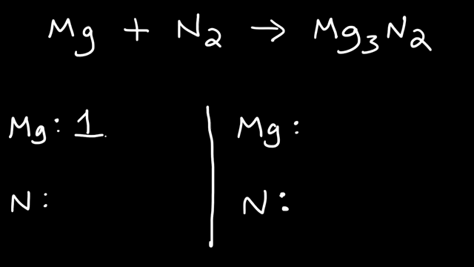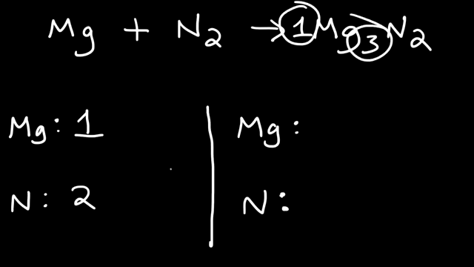Now, how many nitrogen atoms do we have on the left side? Well, we have a coefficient of 1 and a subscript of 2. So 1 times 2 is 2. So there are 2 nitrogen atoms on the left side. On the right side, the coefficient is 1 as well.